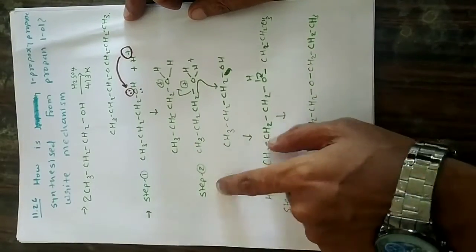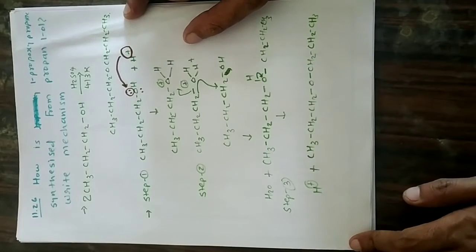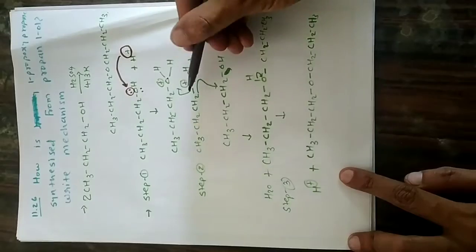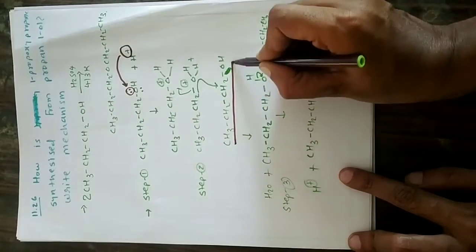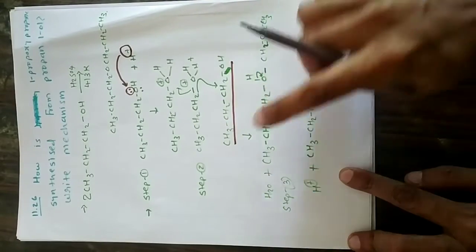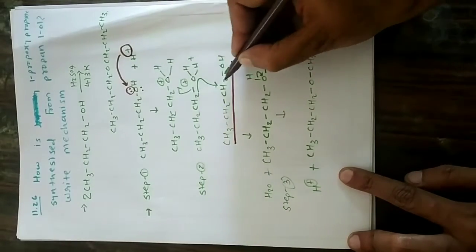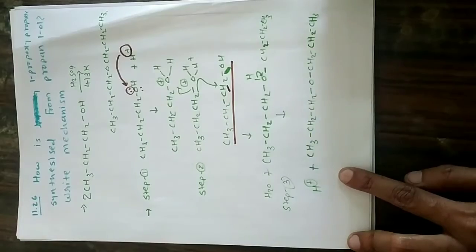Now in the second step, the same positive ion attacks the second molecule of alcohol. This one is the second molecule of alcohol. You can see this positive ion attacks on carbon.